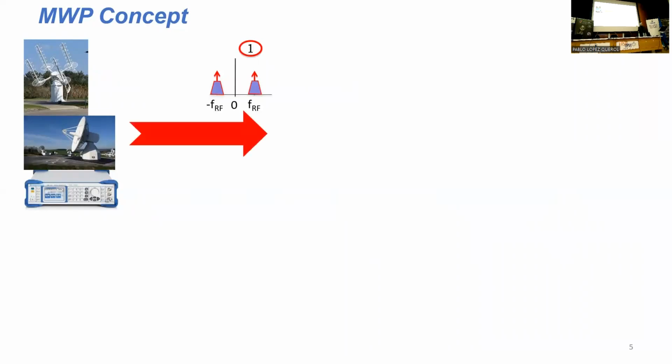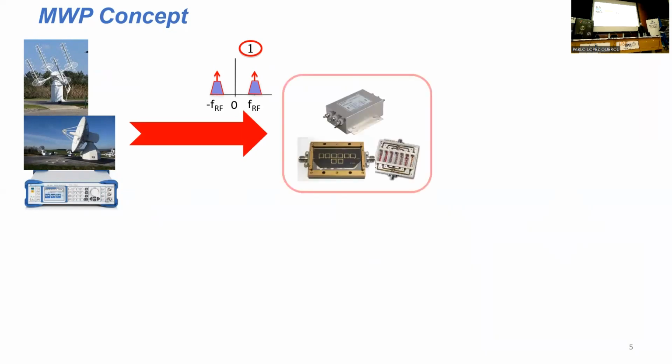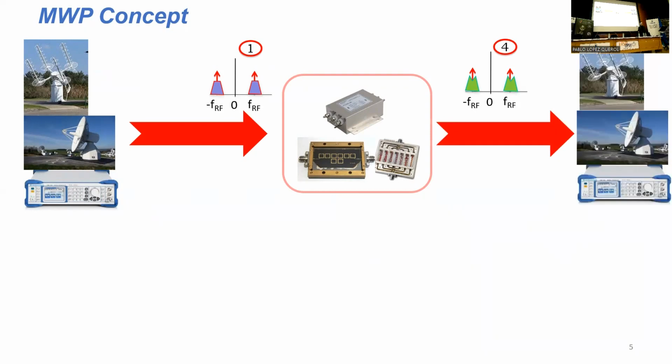What you want to do with it is to process it, so you use filters, delay lines, or whatever, and hopefully you're able to process your sidebands, your information, and then either you detect or you irradiate, whatever the application is. In microwave photonics, what we try to do is to substitute this central part.